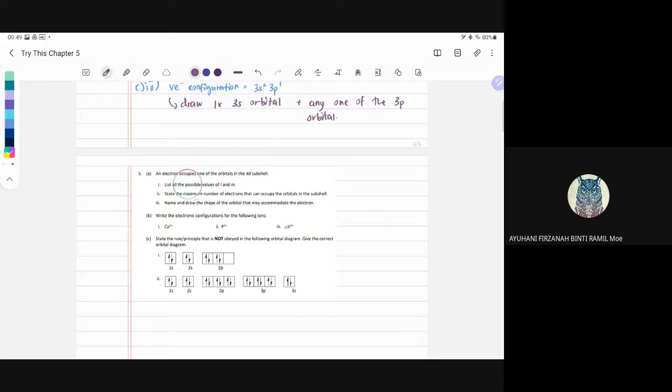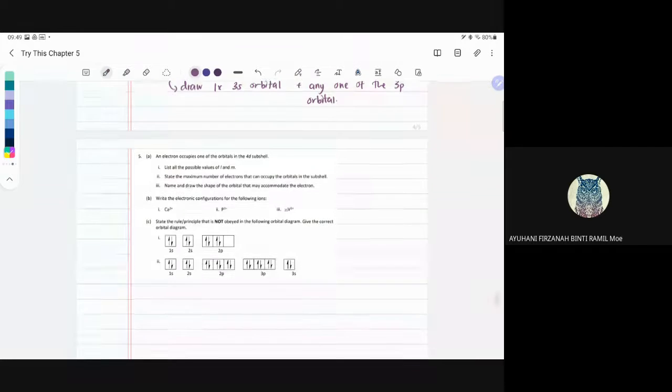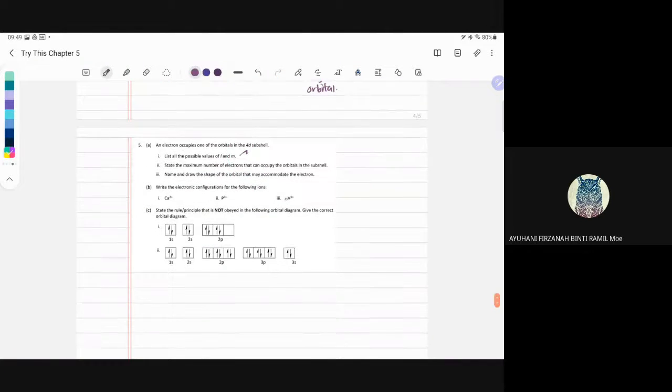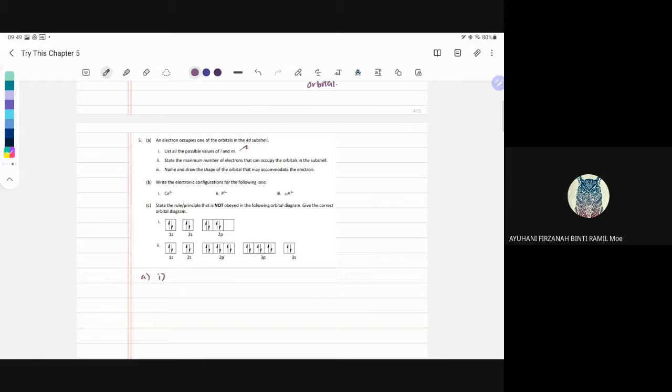List all the possible values of l and m in the 4d subshell. So this is related to 4d. So for A1, the possible l in 4d, l must be 2 because it is d, and m equals, they ask for all, so negative 2, negative 1, 0, positive 1, positive 2. That would be it.